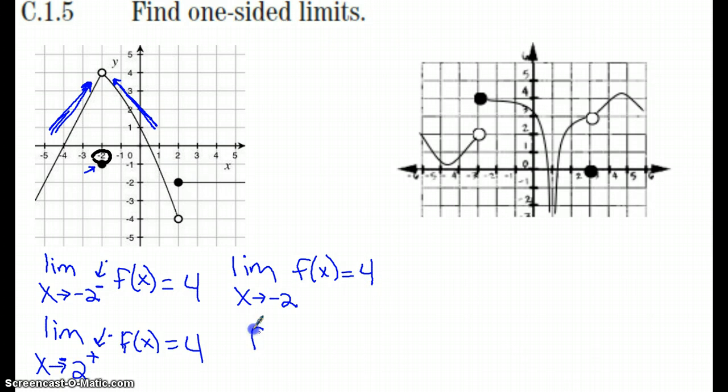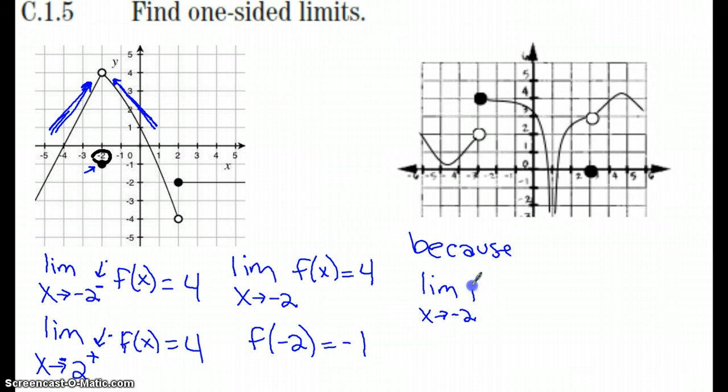However, f of negative 2 equals negative 1. So because the limit as x approaches negative 2 does not equal f of negative 2, the function is not continuous.